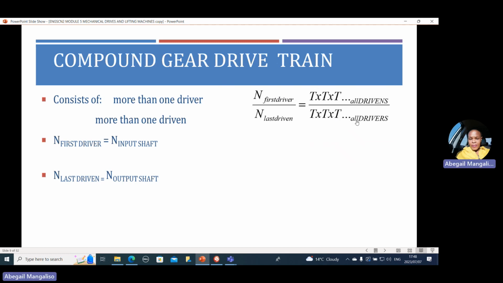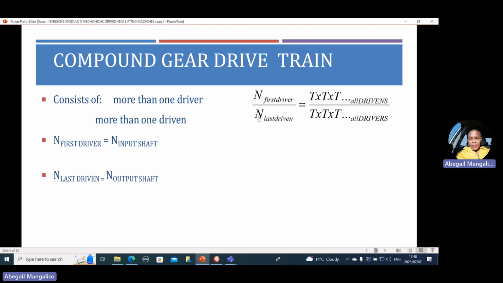So when we use the T, you don't only choose two. If it's a compound, that means we have many gears that are connected. You will have to multiply all the numbers of teeth for the drivens divided by the product of all the numbers of teeth for the driver gears.